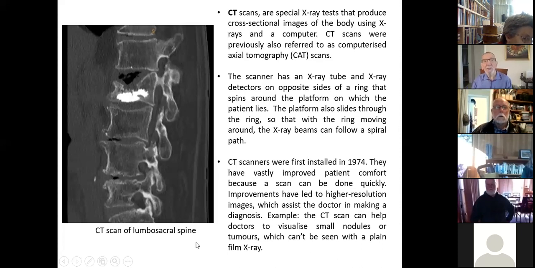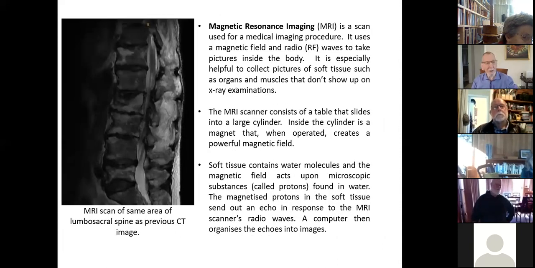We're going to stick with this particular part of the lumbar spine for the time being and have a look at an MRI scan. Now, this is the same area. Here we go: L5, L4, L3, L2, the daggy one, and L1. So here we can also see surrounding muscle structures and soft tissue structures, connective tissue that you can't see in a regular X-ray, and that doesn't show very well on a CT scan.